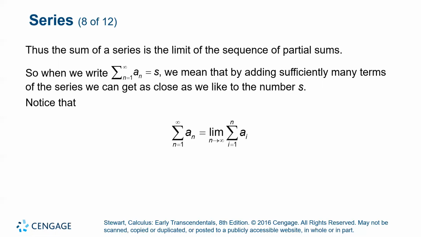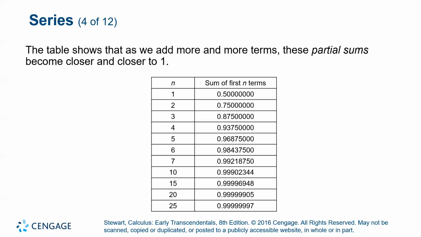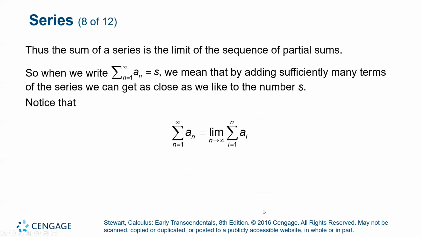So remember, that's S1, S2, S3, S4, S5, and so forth. So whatever those values start to converge to would be the sum of your series. And we already saw this in that earlier example here. So we can see as n gets larger and larger, the sum of those terms is going towards 1. So the sum of a series is the limit of the sequence of partial sums.